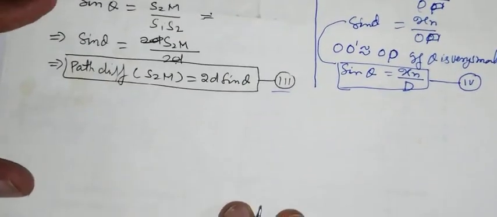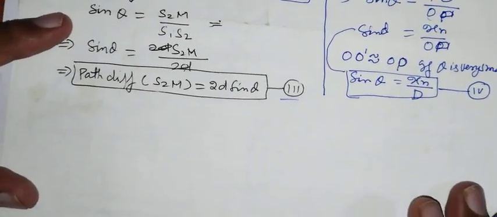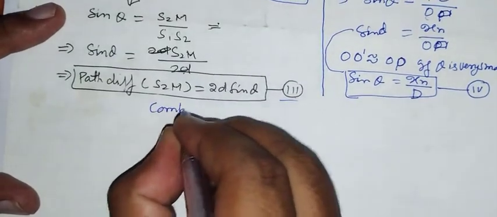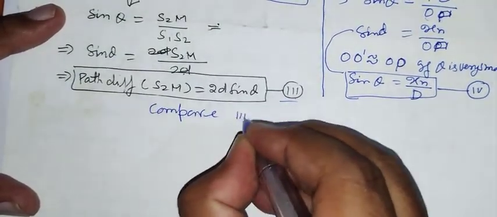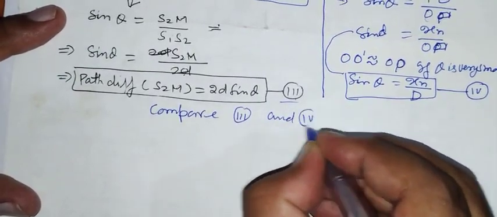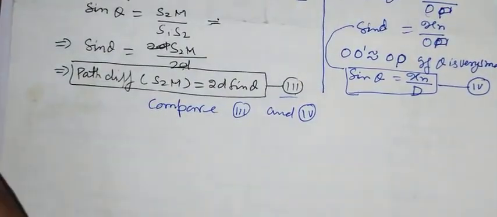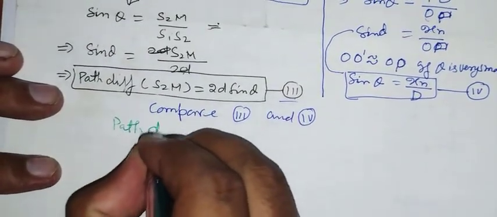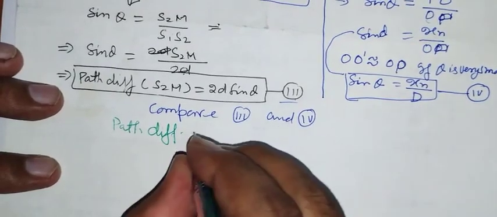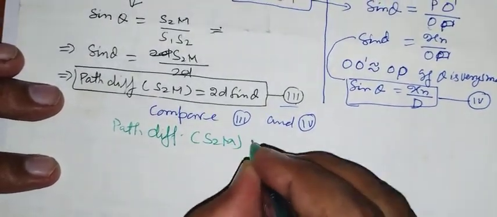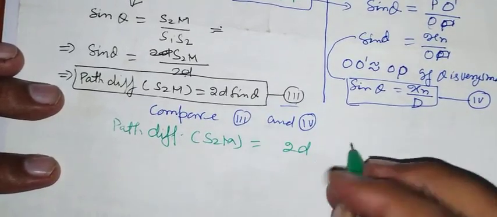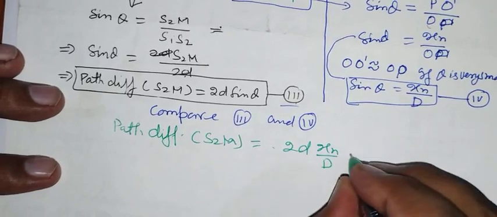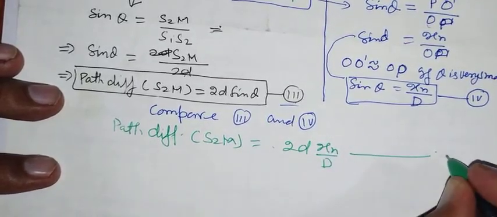Now see, when one compares equation 3 and equation 4, then one may write path difference, that is S2M, is equal to 2d sin theta, and sin theta is xn by capital D. This is equation number 5.